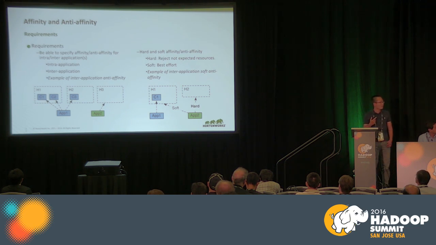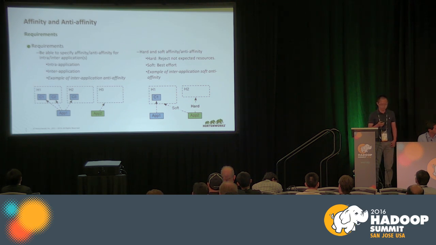So the scheduler will try its best to allocate resources that meet the affinity and anti-affinity, but it can also allocate other nodes to the application. Just as in the example below, the hard anti-affinity for application 2 is to allocate to host 2, but after waiting some time, the scheduler can also allocate to host 1.